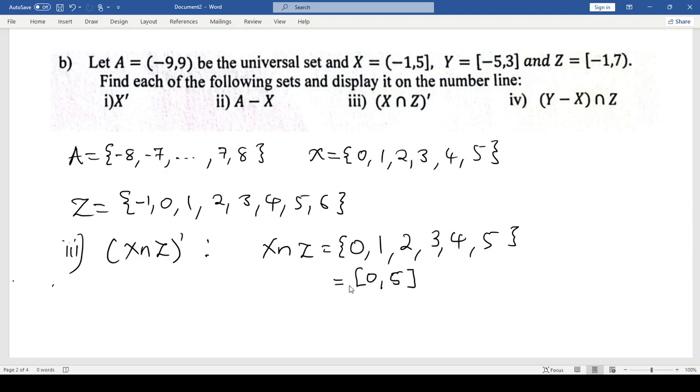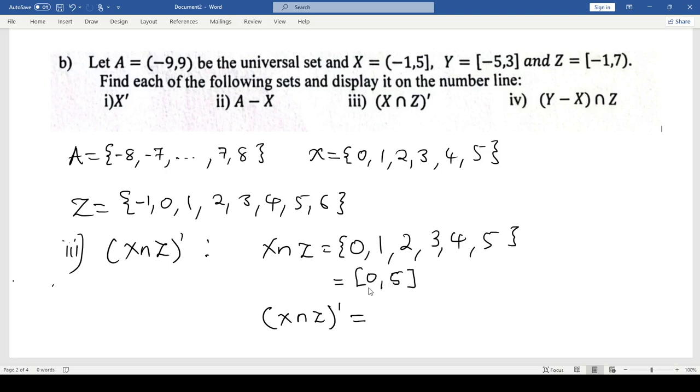Okay, so now we're taught to say we need to find the complement of the set and put it on a number line. So the complement of the set here, X intersection Z, is simply equal to all the elements that are outside this set but also contained in the universal set.